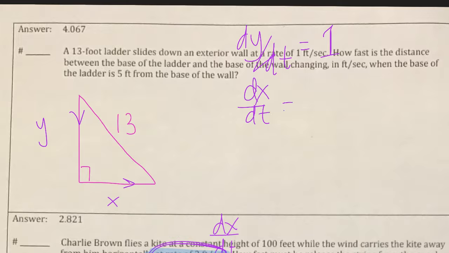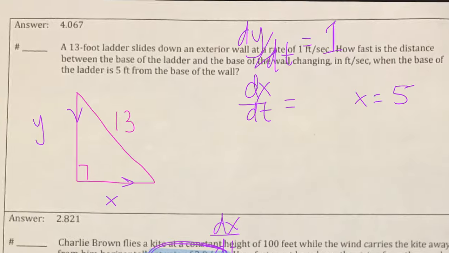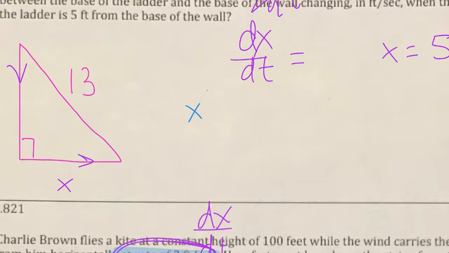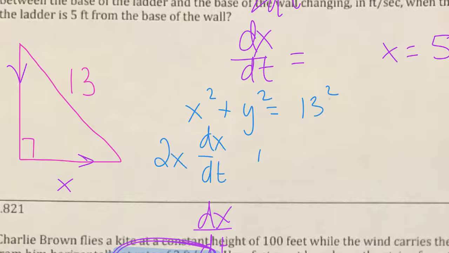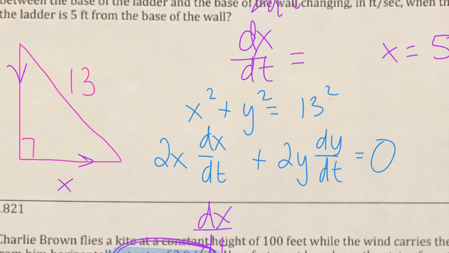How fast is the base changing when x equals 5? So let's do this. This is once again a Pythagorean theorem problem. So we have x squared plus y squared equals 13 squared. So 2x dx/dt plus 2y dy/dt equals 0, the derivative of our constant 169.